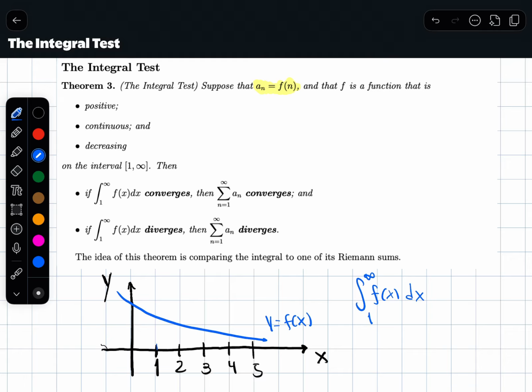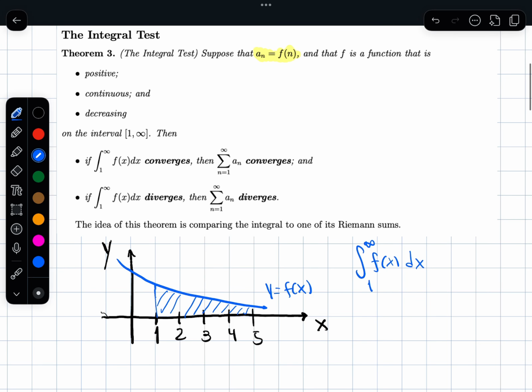This integral is this sort of blue area here, yes? On the other hand, f of 1 is this height right here at 1 in green, and it's also the area of this rectangle. Yes, it is the area of this rectangle.